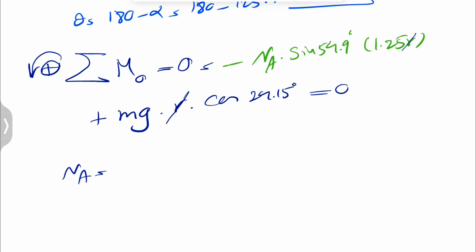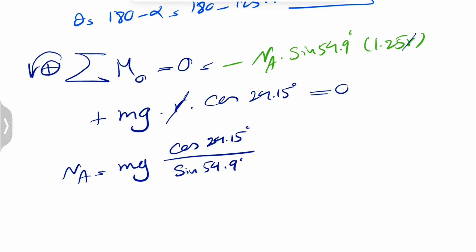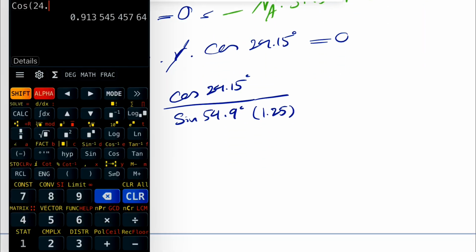So the r will be cancelled out, and we're going to have mg times cosine of 24.15 divided by sine of 54.9 times 1.25. So let's calculate this. 24.15 divided by sine of 54.9 times 1.25.